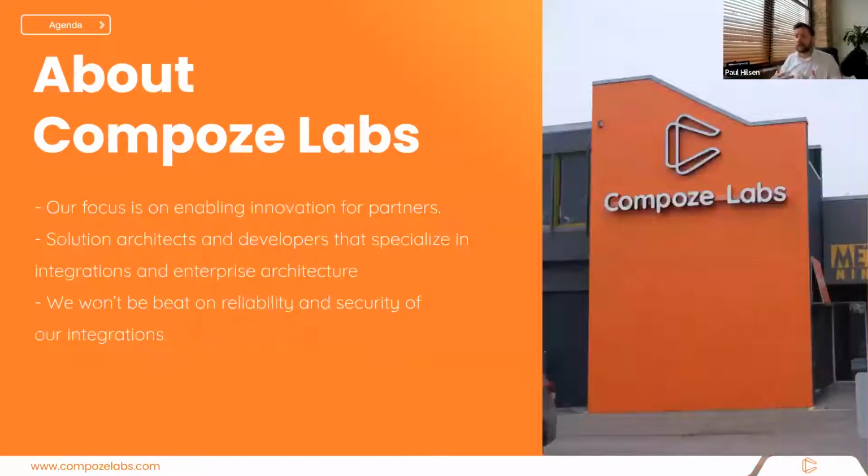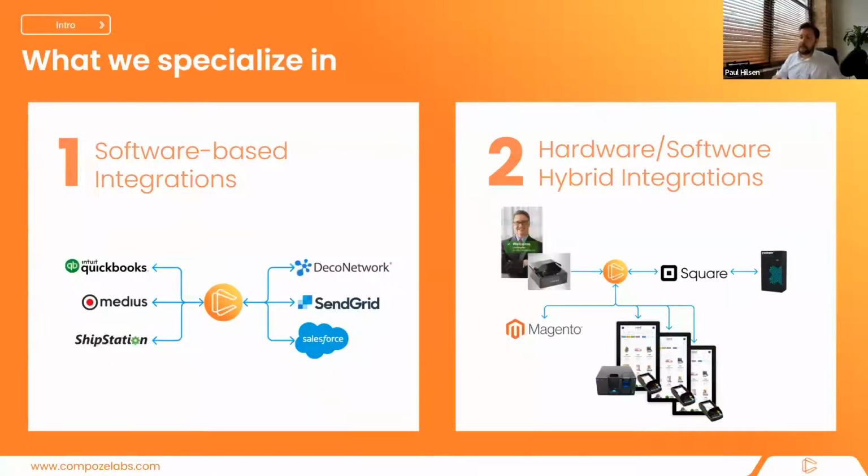So real quickly about us, Compoze Labs, we are a software consulting firm. Like Lars says, we specialize in integrations, but first and foremost, our focus is on enabling innovation for our partners, and we are able to do that a lot with our integration expertise. When we talk about integrations, there's two types that we specialize in and that we do. One would be software only, right?